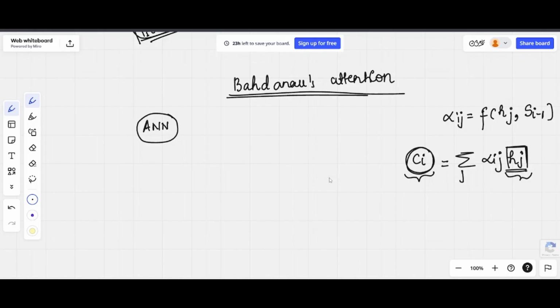Now this alpha ij, which is a function of hj and si minus 1, we take these two as inputs. So these are actually vectors. So let's say this is the first vector, this is the second vector.